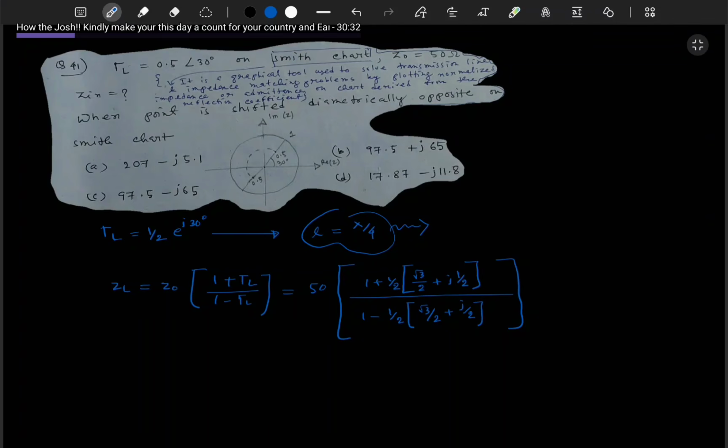Actually it is cos theta plus j sin theta, they are doing. Theta is 30 degree.